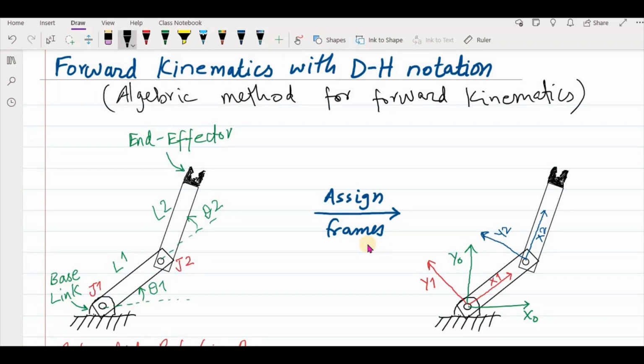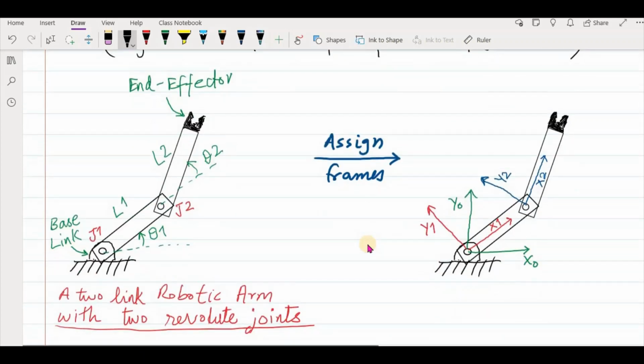So we try to follow the DH conventions and find the DH, which is Denavit-Hartenberg, parameters.